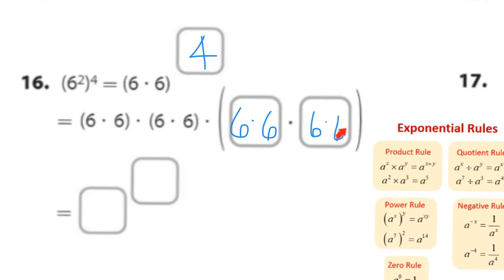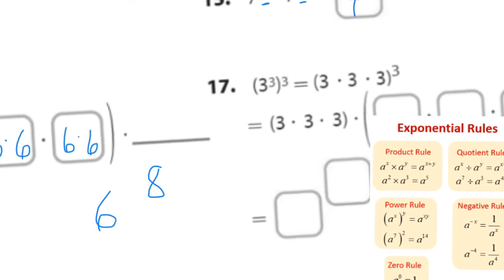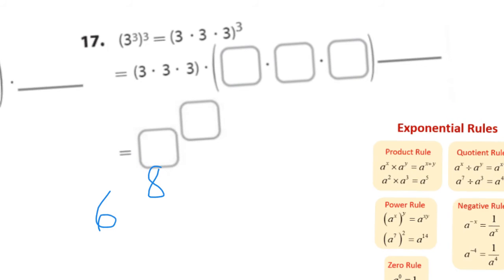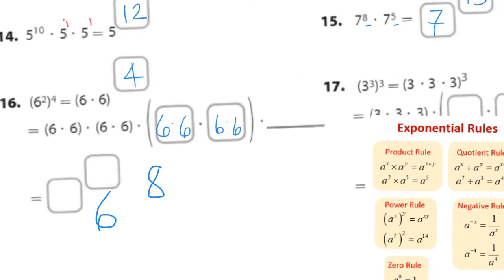I have 8 6's multiplied together. And you could have gotten that from 2 times 4. So your base stays the same as a 6, and you have 8 of them multiplied together. Again, you could have easily done that with 2 times 4, but they made you do all these steps. All right, let's go over here to number 17. And it looks like they're going to do steps here again. Whoops, why didn't my numbers go with that?